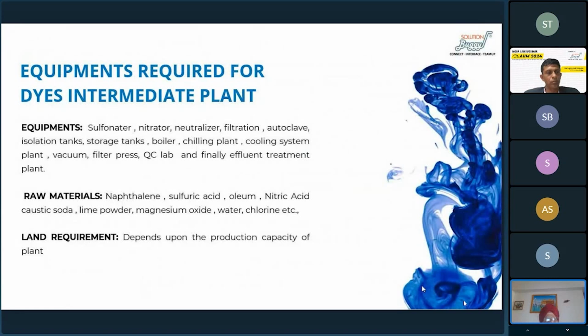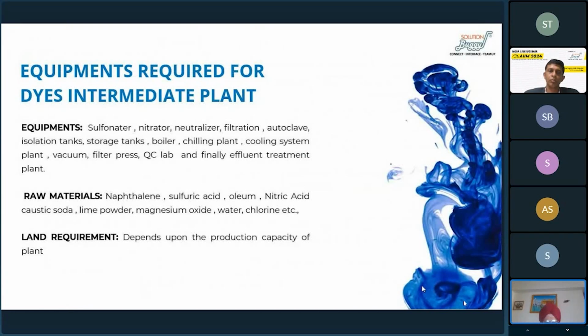And not only what I have mentioned as raw material, dyes intermediate, there are other chemicals also required in the dyes, because diazotization is carried out with the dyes intermediate. After diazotization, the dye is prepared and that has to be filtered and purified, as for dyes intermediate.